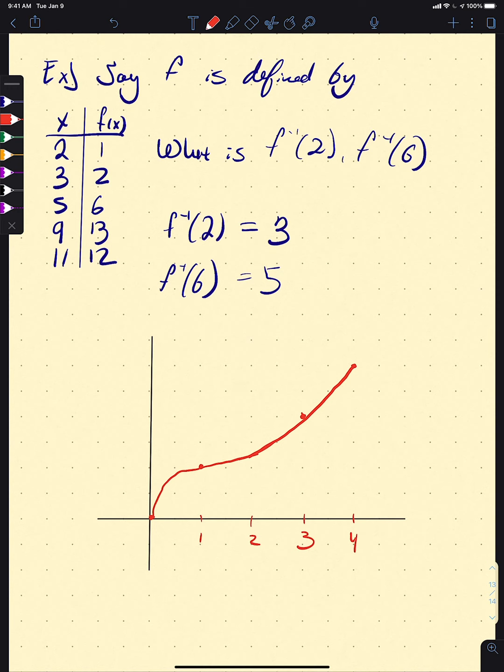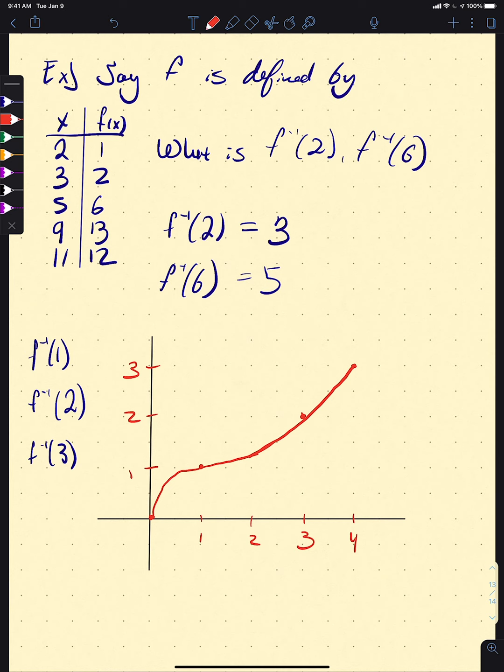It passes the horizontal line test. Pick any horizontal line here, it's only going to cross it once. And let's look for f inverse of 1, f inverse of 2, and f inverse of 3. Or I guess I'll label these 1, 2, and 3 for completeness.